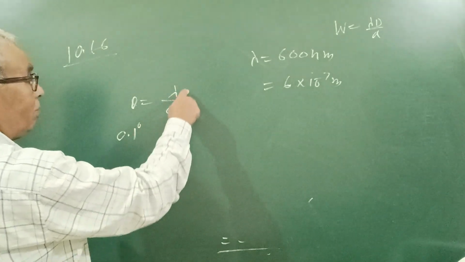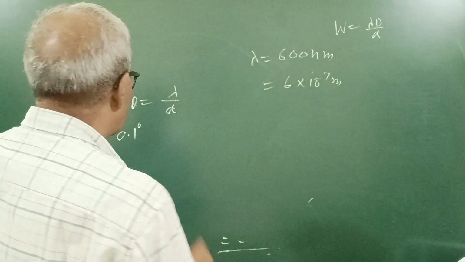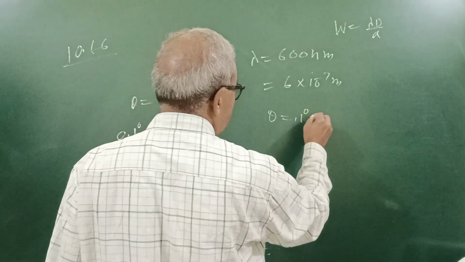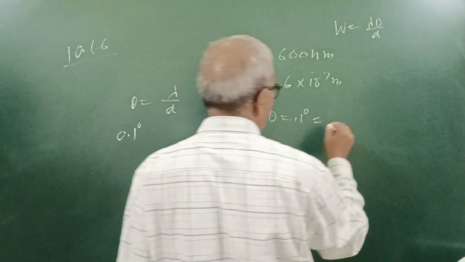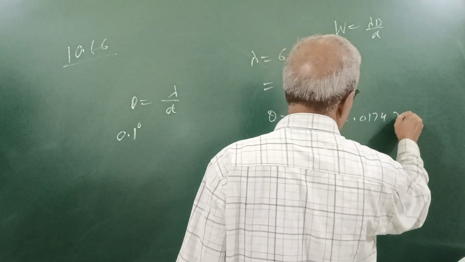Lambda upon d, meter होगा तो this should be in radian. To convert this, 1 degree, 0.1 degree into radian equal to क्या होगा? 0.1 into 0.0174 radian.